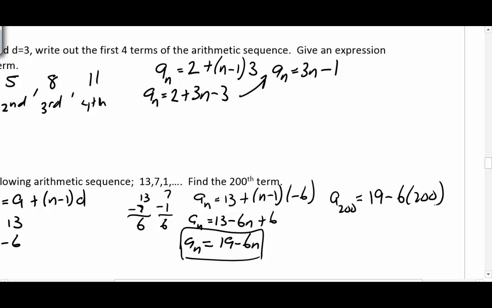Let's see, so 19 minus 1200. Actually, this is small enough, it's not that bad. So negative 1,181 would be our 200th number.